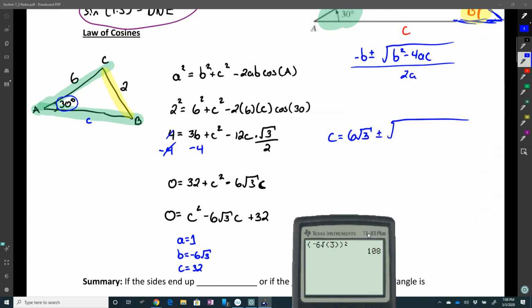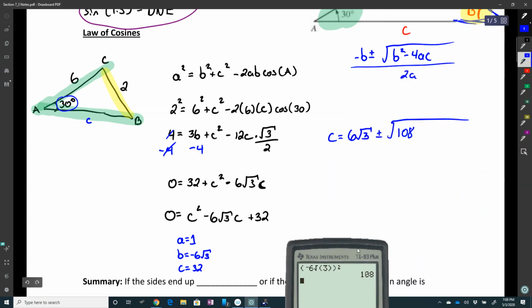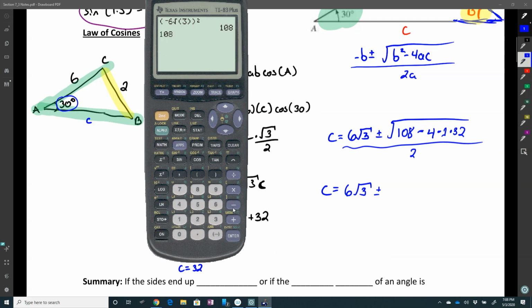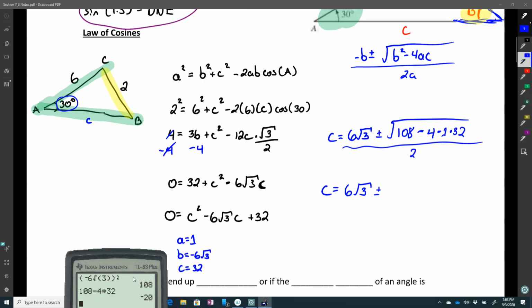So that's 108 minus 4 times a times c, so 4 times 1 times 32, all over 2a, which is just 2. And so what's 108 minus 4 times 32? Negative 20.